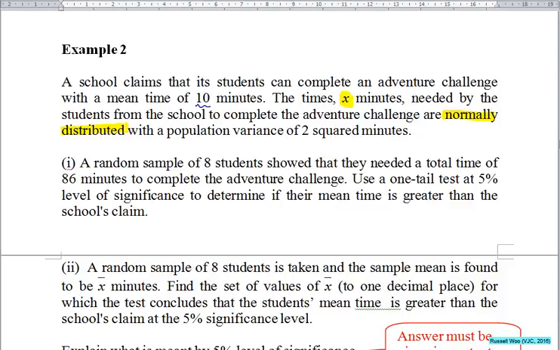Do you need to use CLT? No need, correct? X is normally distributed, X bar will be normally distributed, there's no need for CLT.